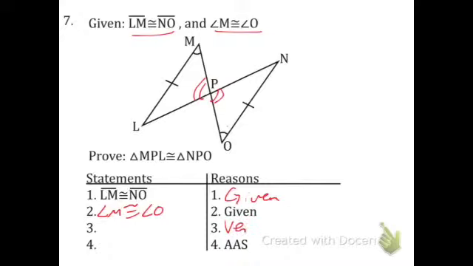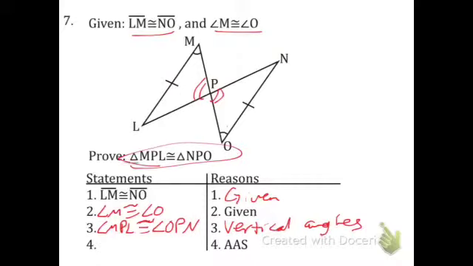And so here's our reason: vertical angles. And we know it's these angles here. So we're looking at MPL is going to be congruent to angle OPN. And when you have that, we're going to know that triangle MPL is congruent to NPO.